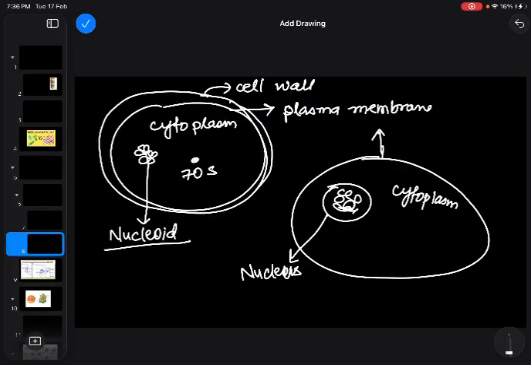And these organelles are present in the cytoplasm, like suppose this is mitochondria, ribosome. In this case ribosome is 80S, chloroplast. So these are the basic differentiation of prokaryotic and eukaryotic cell.